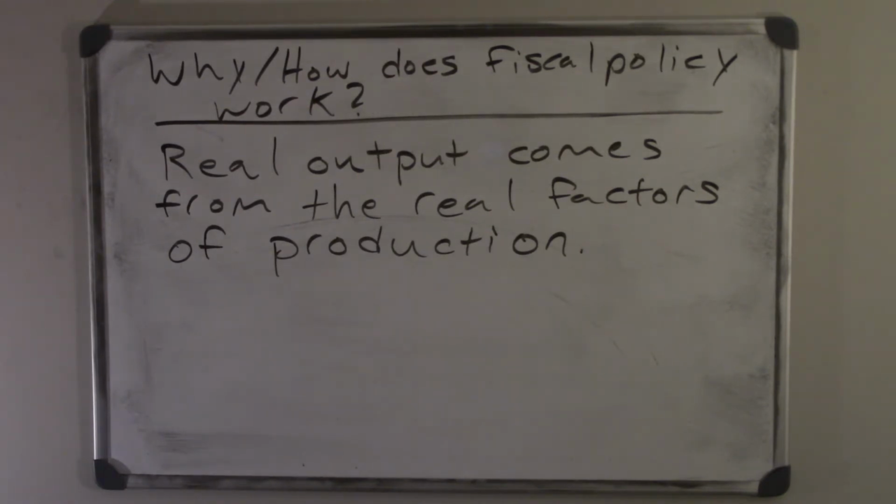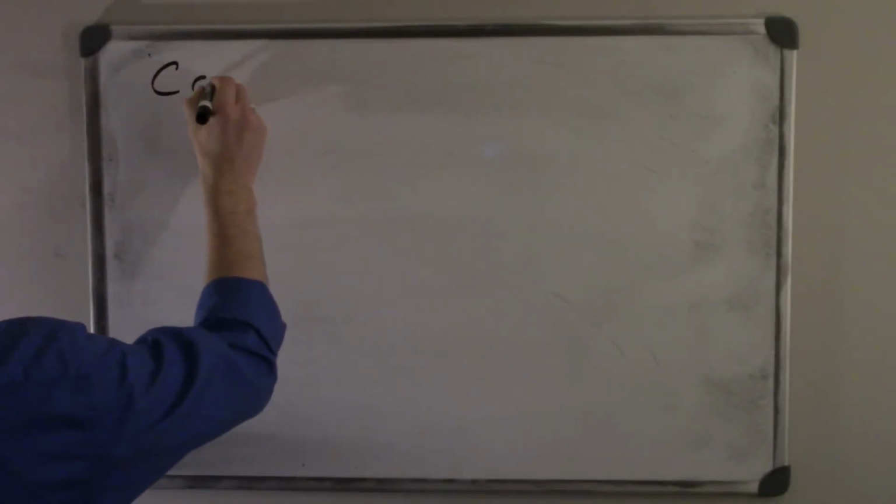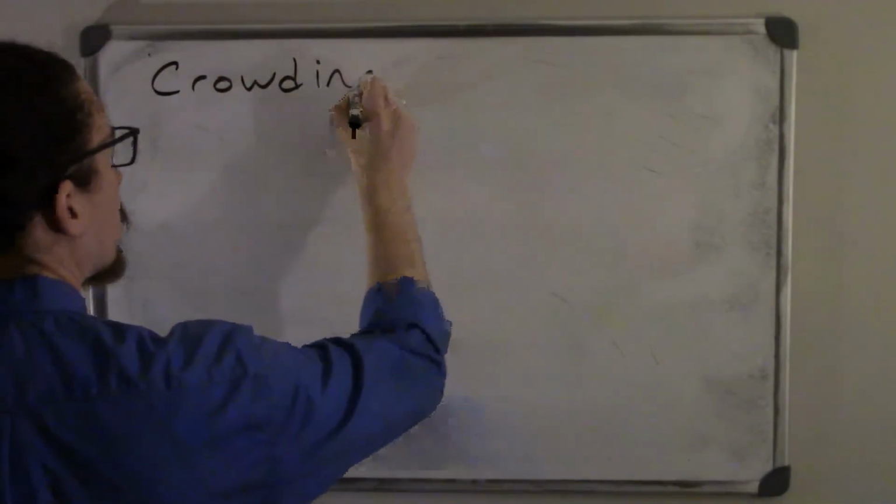So a lot of goods and services are going to have to be produced in order to make this dam. If the economy is fully employed, so all of our resources are being used efficiently, everyone that wants to work is working, so on and so forth, then the output would not change due to this increase in government spending. Right? The reason why is what's known as crowding out.